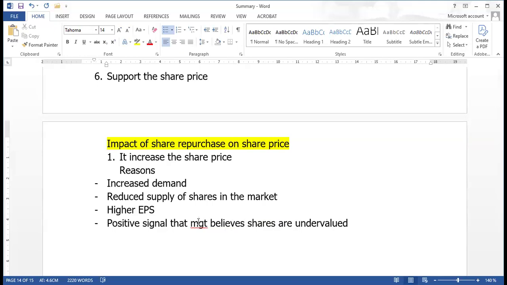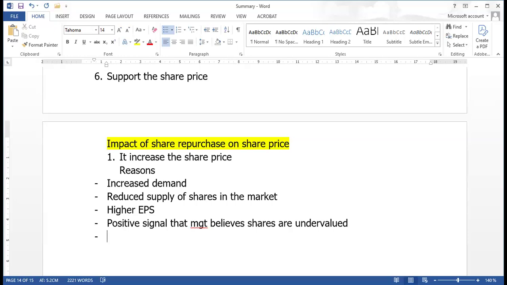And every time you have confidence in an entity, you will also price their shares at a higher figure. Okay.